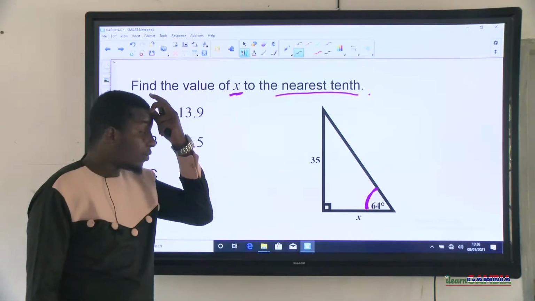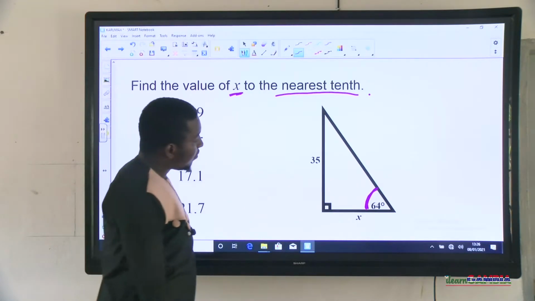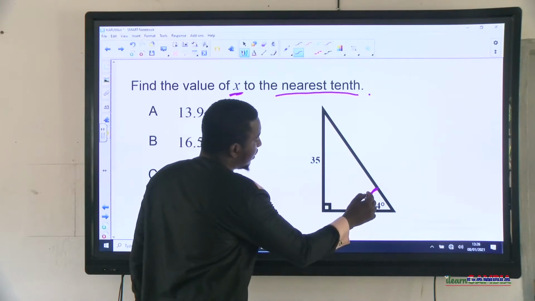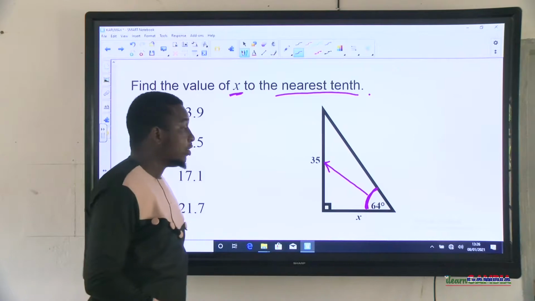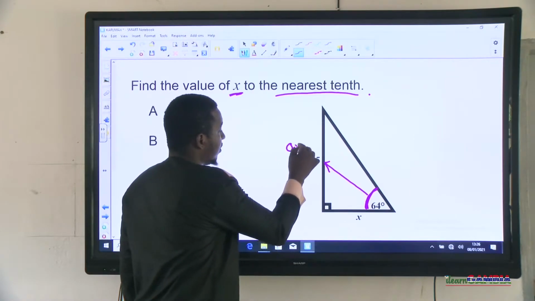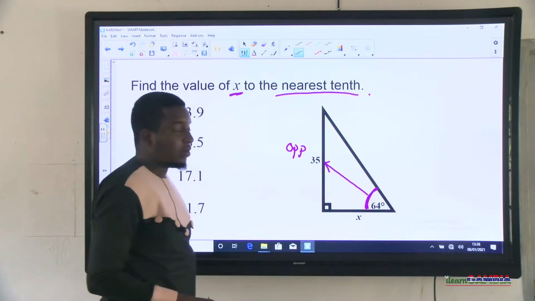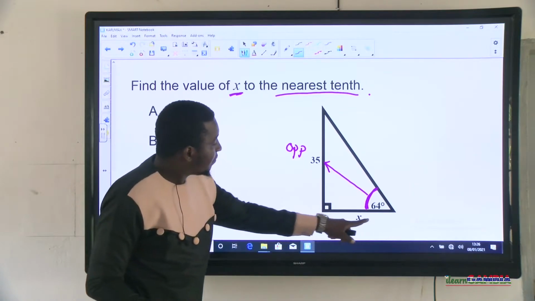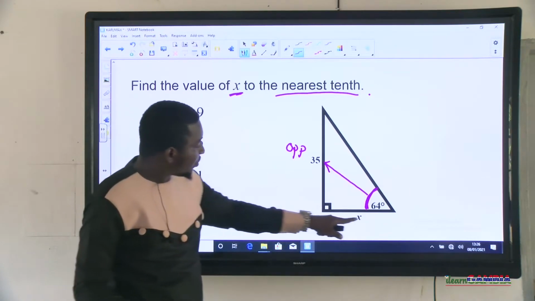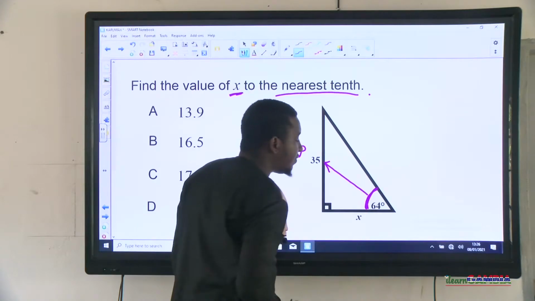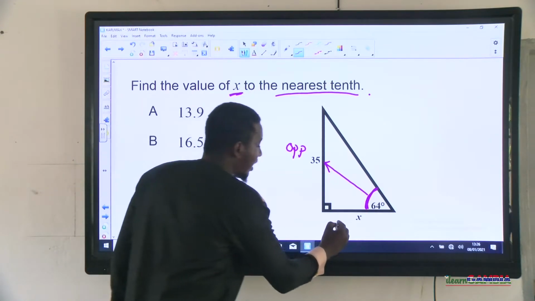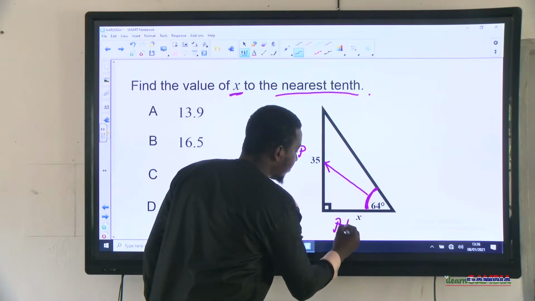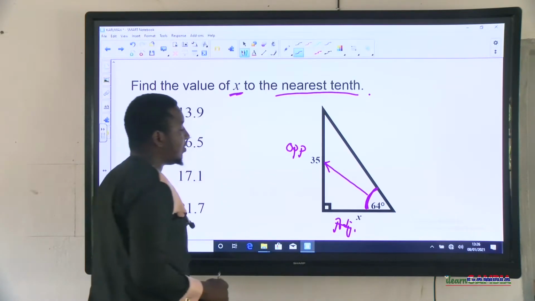Now angle 64 is opposite to the side that measures 35. So it means we are also given the opposite. We are asked to find x, and x is on the adjacent side of the given angle.